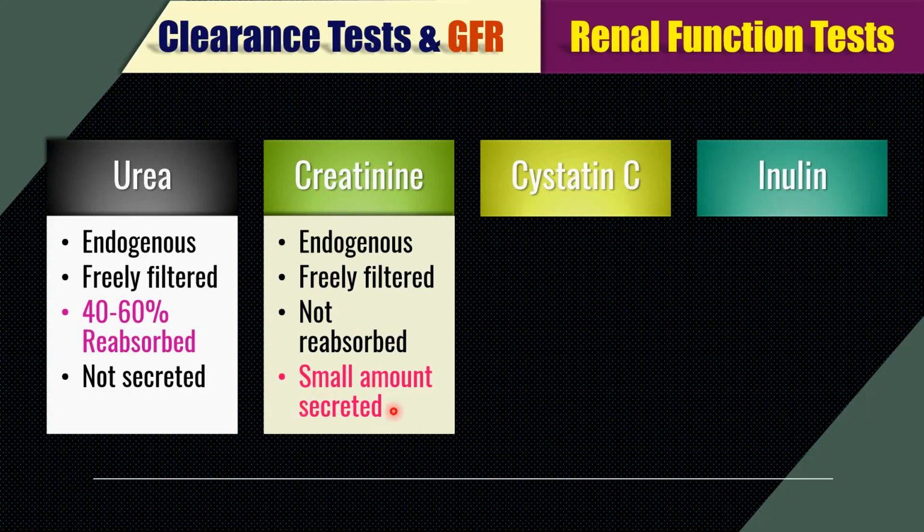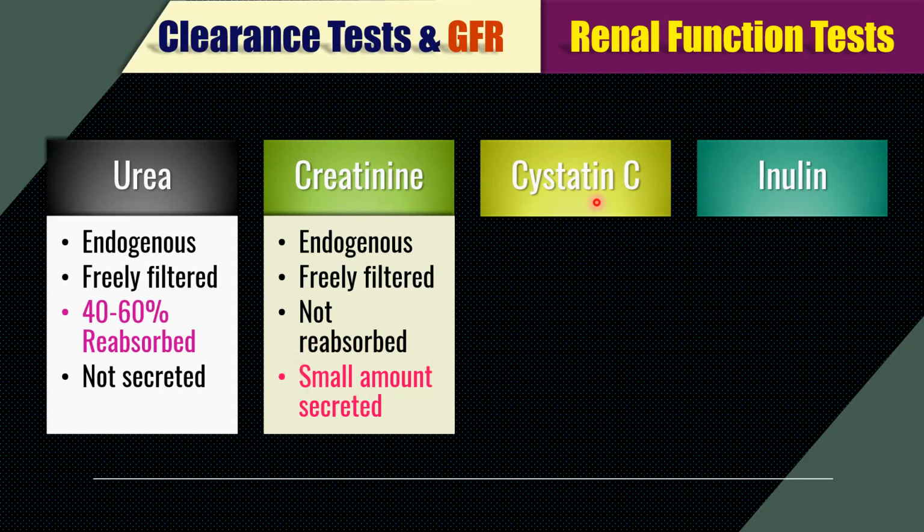And one more thing you need to remember, the amount of secretion of creatinine by the tubular cells is going to increase when there is more and more GFR decrease. Again, this is one of the drawbacks.